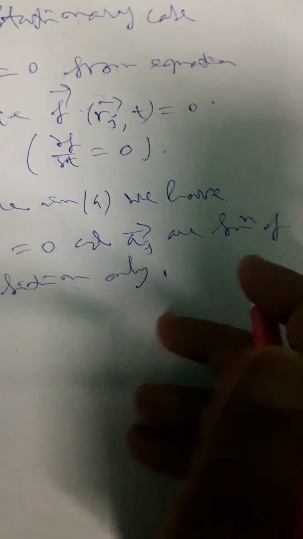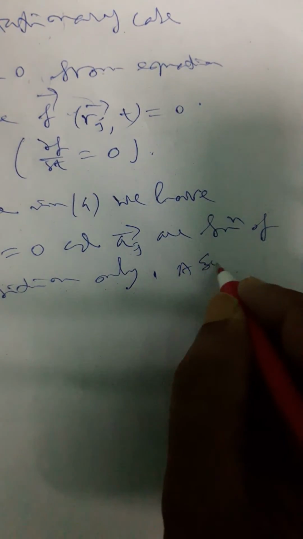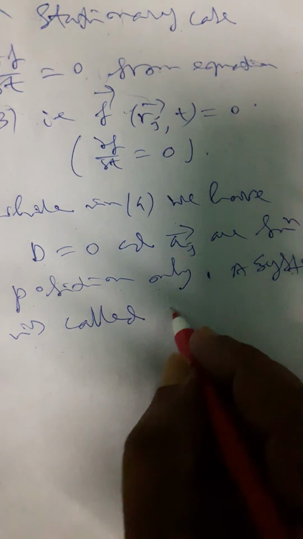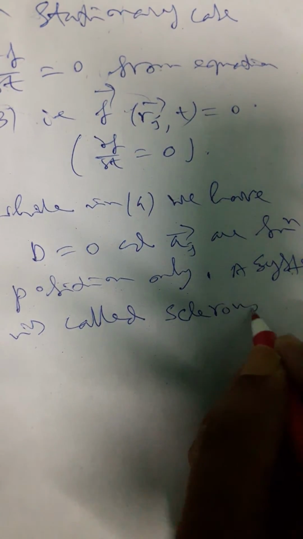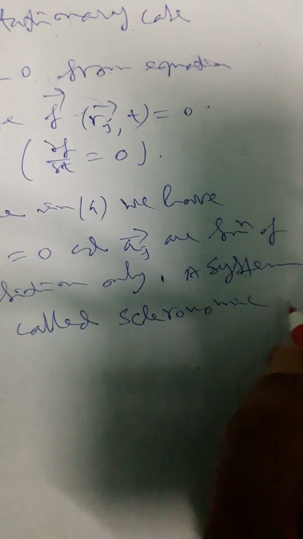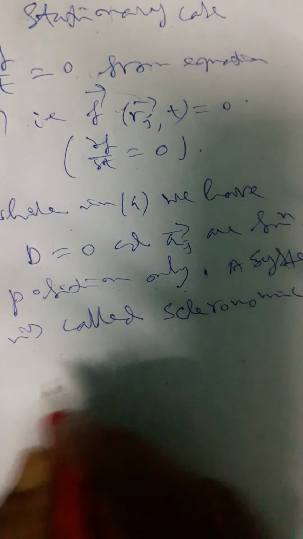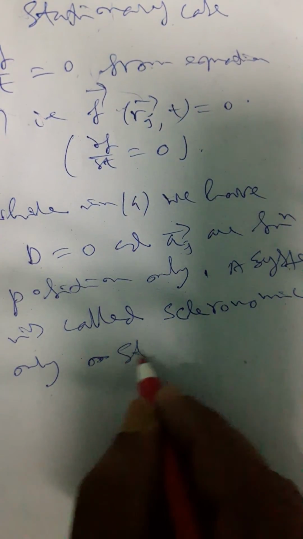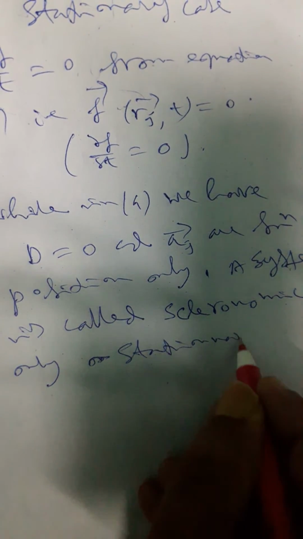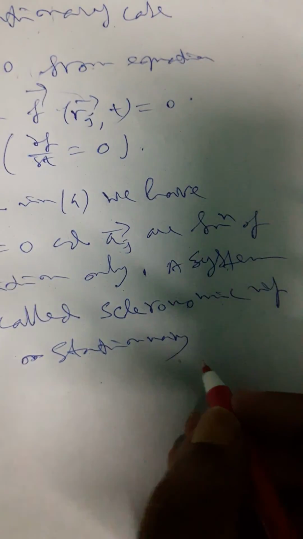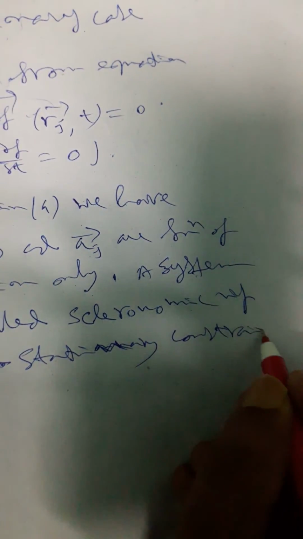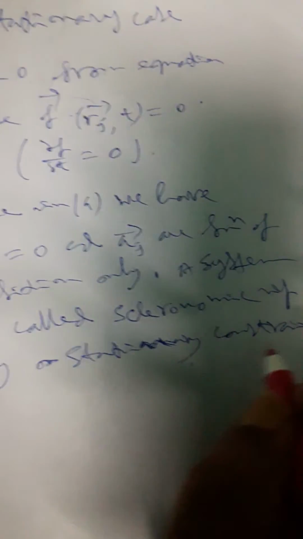So now let us conclude: a system is called scleronomic if only stationary constraints are present.